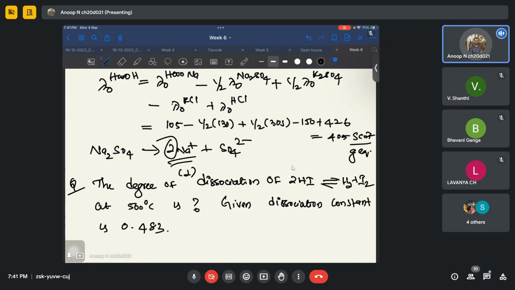So the question is the degree of dissociation of 2HI giving H2 plus I2 at 500 degrees. What's given is the dissociation constant, value 0.483. Can you try to solve this?